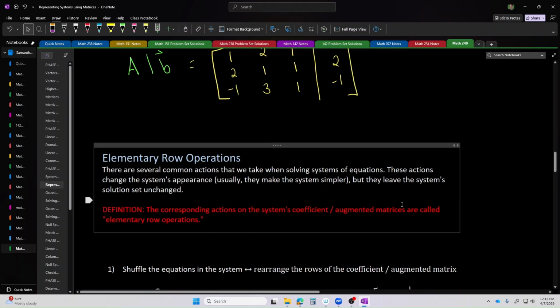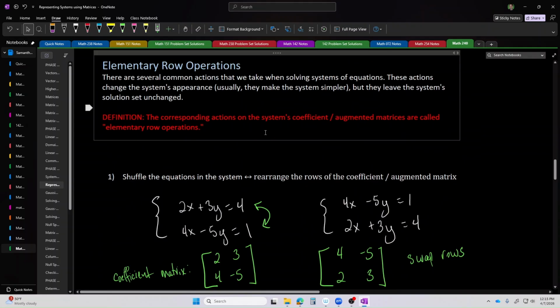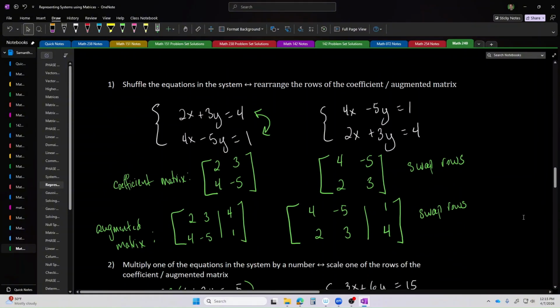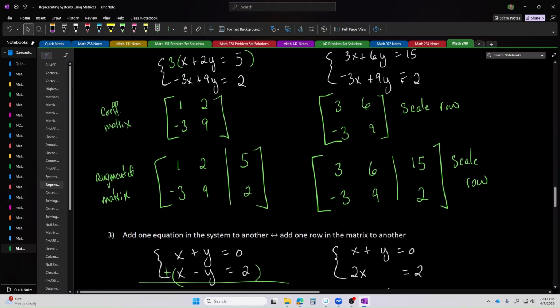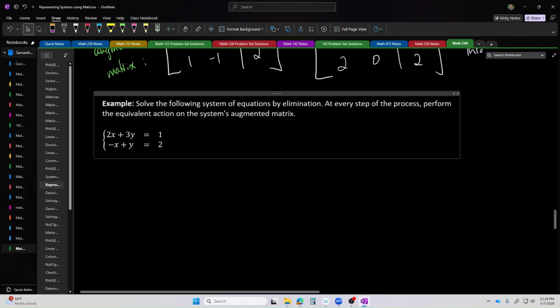And these three actions that we are performing on the matrices that represent a system are called elementary row operations. The three elementary row operations are number 1, swapping rows, number 2, scaling rows, and number 3, adding one row into another row.